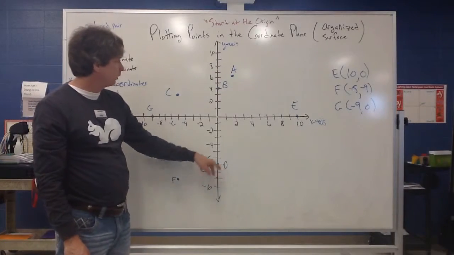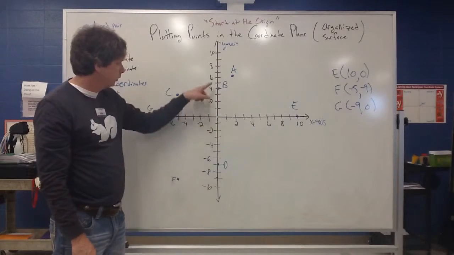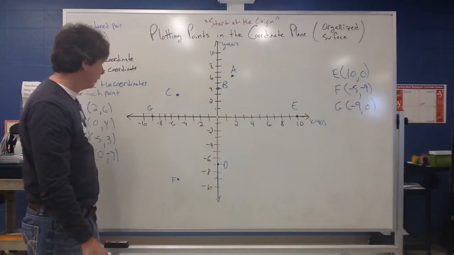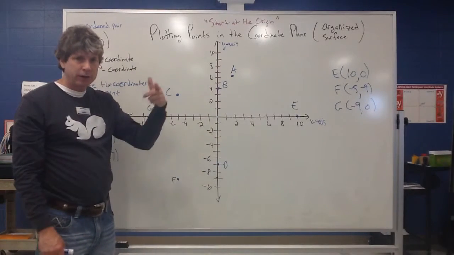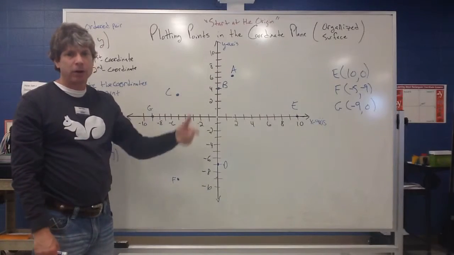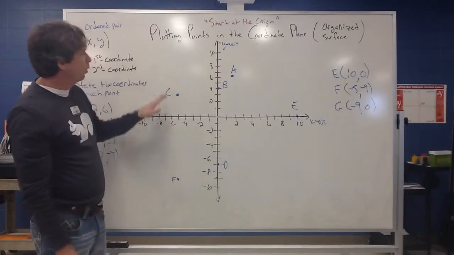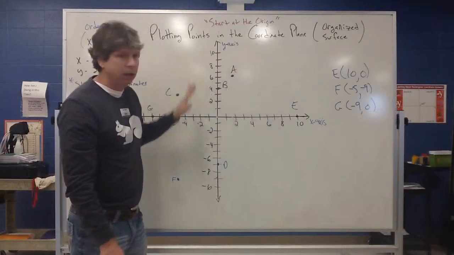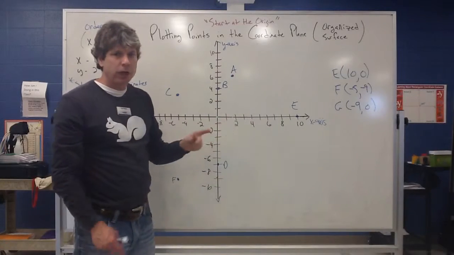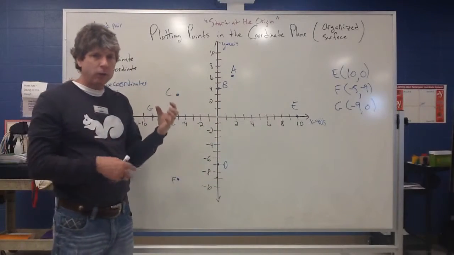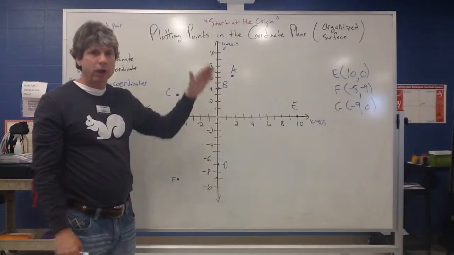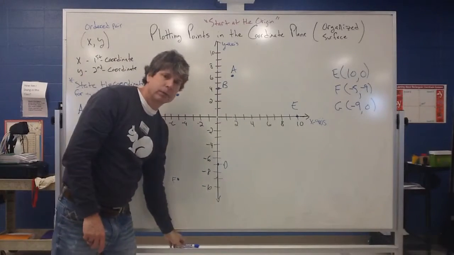Also, point D is still on the y-axis, so we have 2 points on the y-axis as well. Okay? So again, just reiterating that vocabulary that you keep on hearing. That coordinate plane is the surface, and it's a 2-dimensional surface, and we need an ordered pair, an x-coordinate and a y-coordinate, to identify points on this coordinate plane. Okay? Stay tuned.